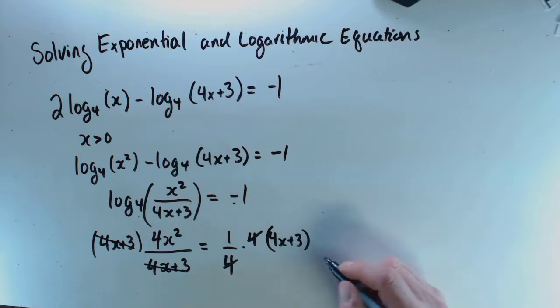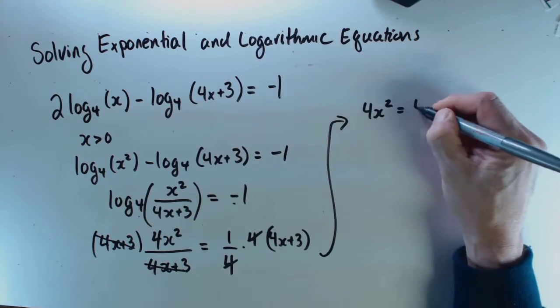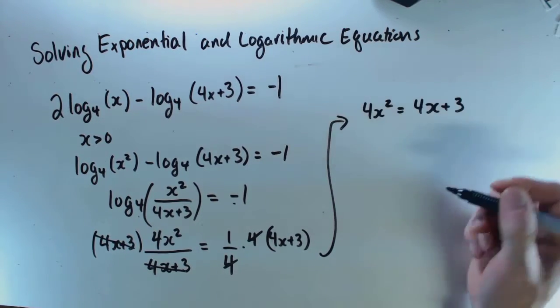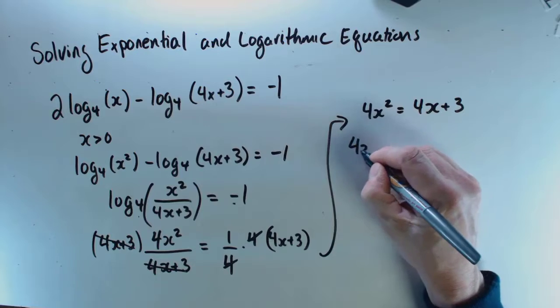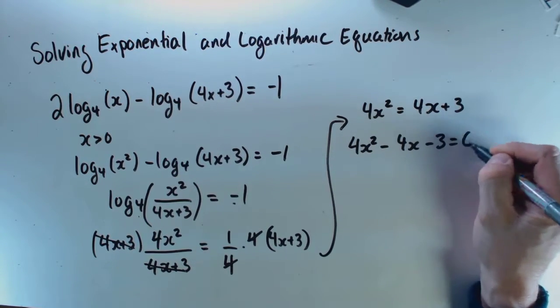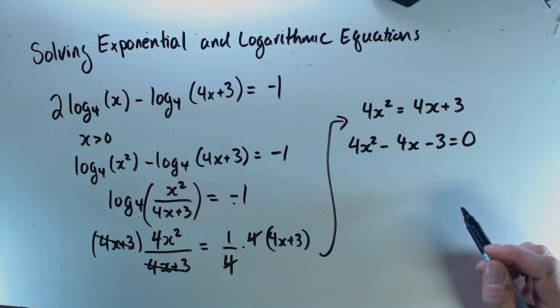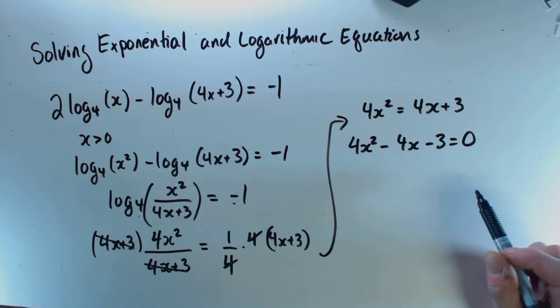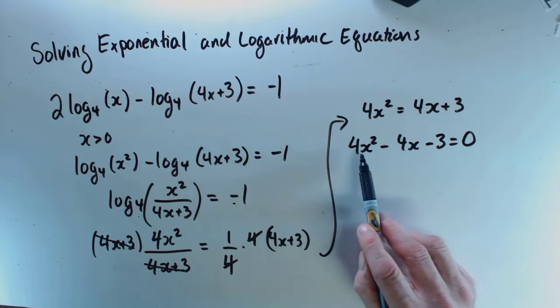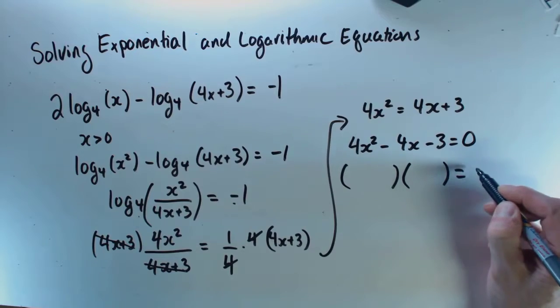Okay, so 4x squared is equal to 4x plus 3. There it is, cleaned up, off the street. 4x squared minus 4x minus 3 equals 0. And so this is one of those, let's factor a quadratic things. And so I think it's going to be something like this.